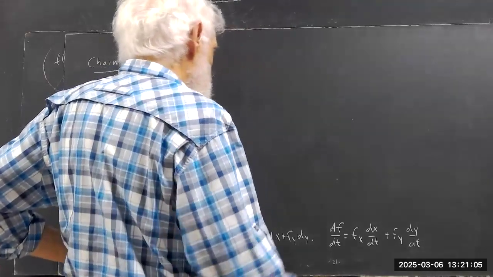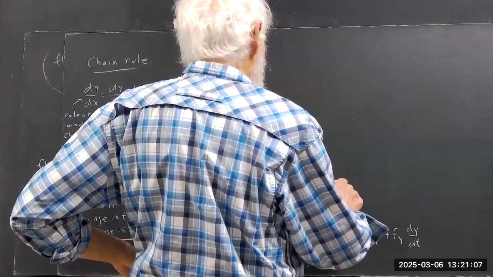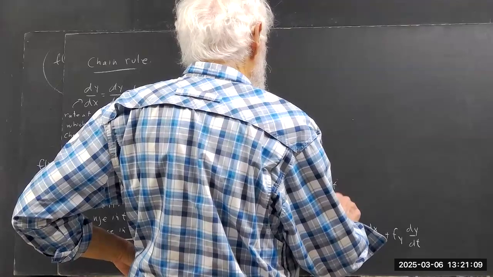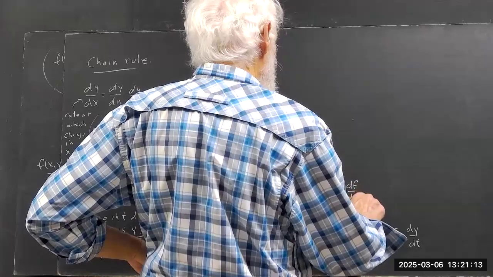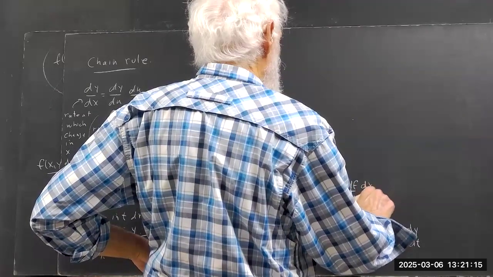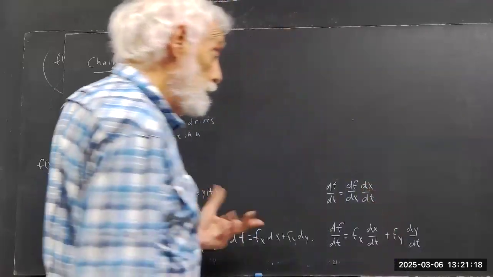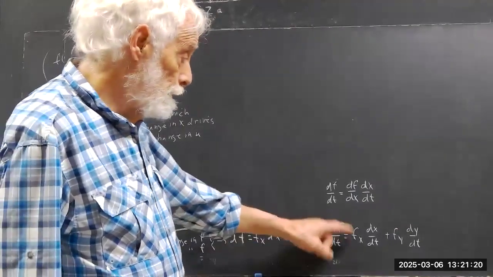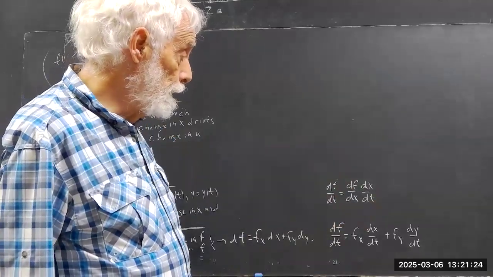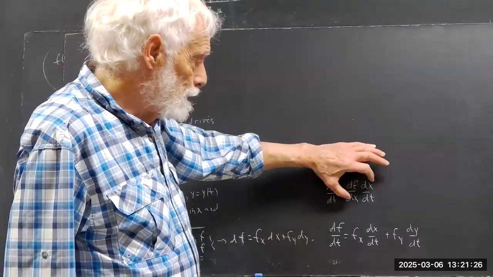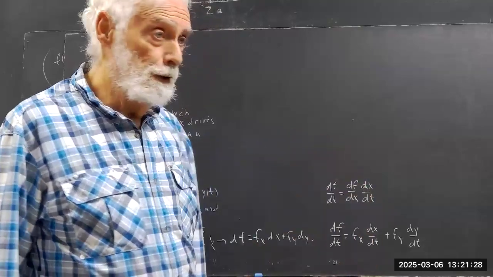It looks a little more like the chain rule if you write this instead of fx. Write it as df/dx, and there's your chain. If you think of canceling the x's, you get a df/dt, right?